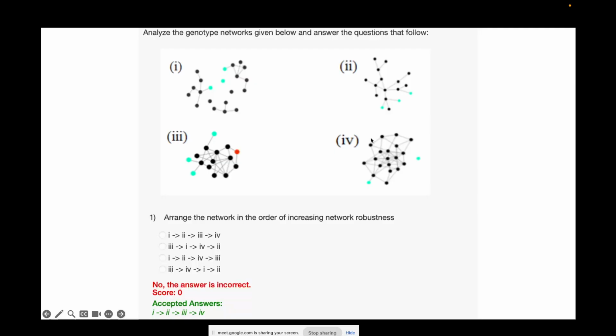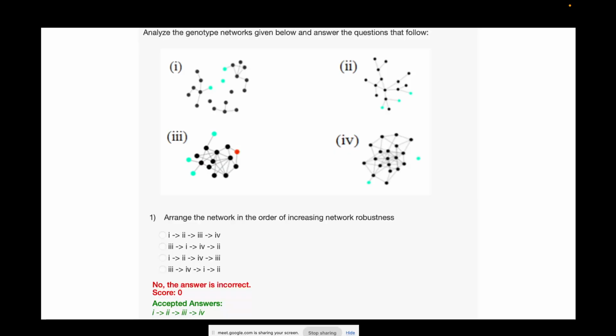Now, the logic behind it is that the more sparse you are, the fewer connections you have, the less robust you are going to be. Because if you shut out or delete one node, it is very unlikely that you can still travel from one node to another.